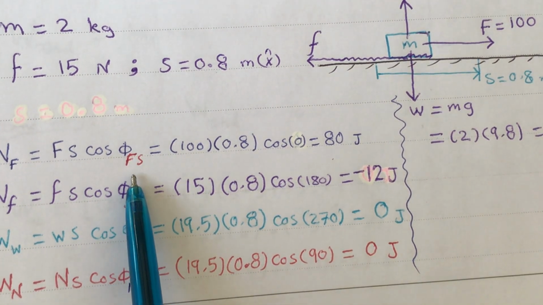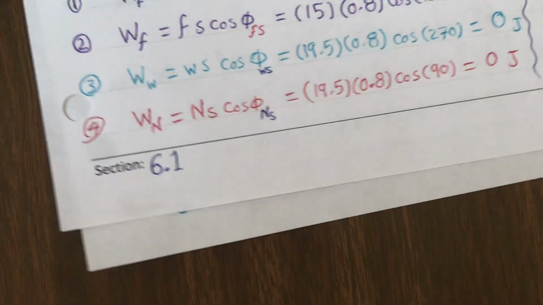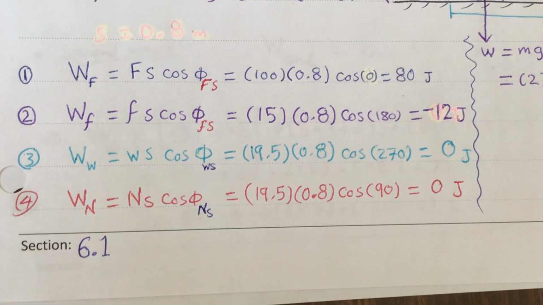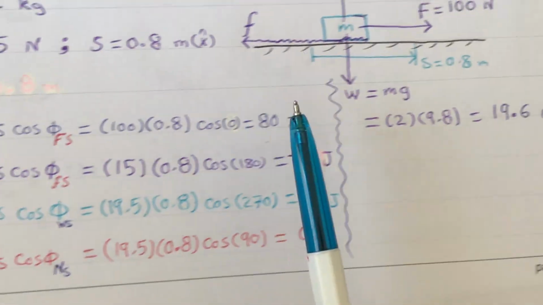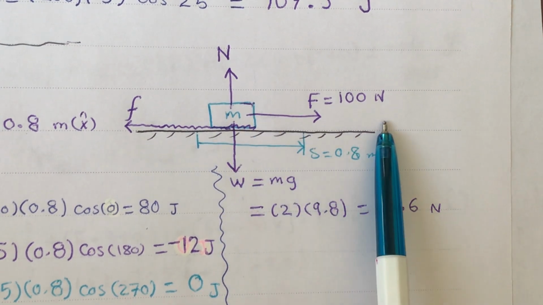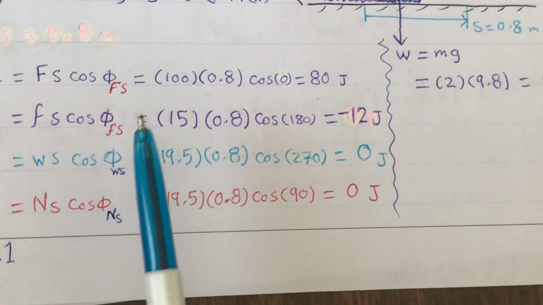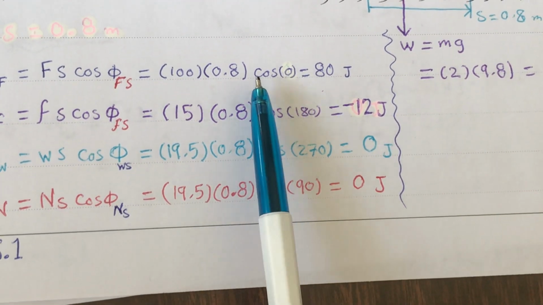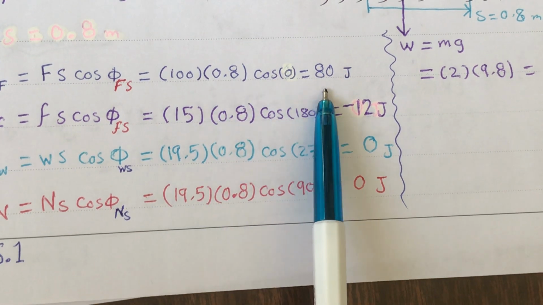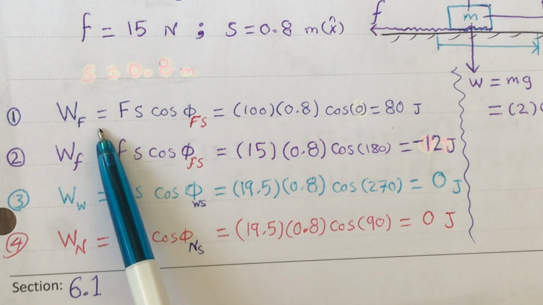Phi is between the applied force and the displacement. Phi between the applied force and the displacement is 0. This is the displacement in this direction and the force also in this direction. So phi is equal to 0. Cosine 0 is 1. We have 100 multiplied by 0.8, which is 80 joules. This is the work for the applied force.